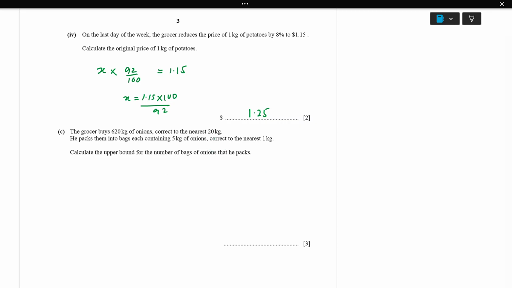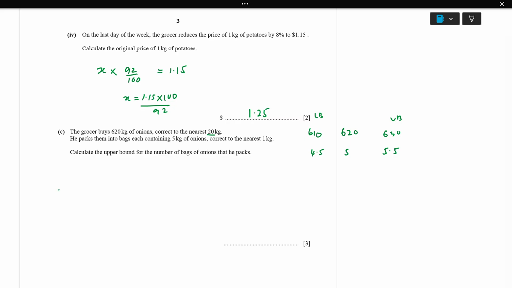The 620 is rounded to the nearest 20, so the upper bound is 630 and the lower bound is 610, because we go half of 20 on both sides. Same for 5 kg, nearest 1 kg, so 0.5 up and down, which is 5.5 and 4.5.